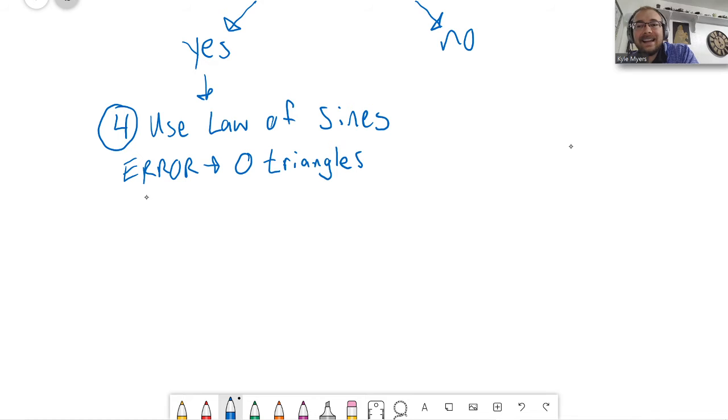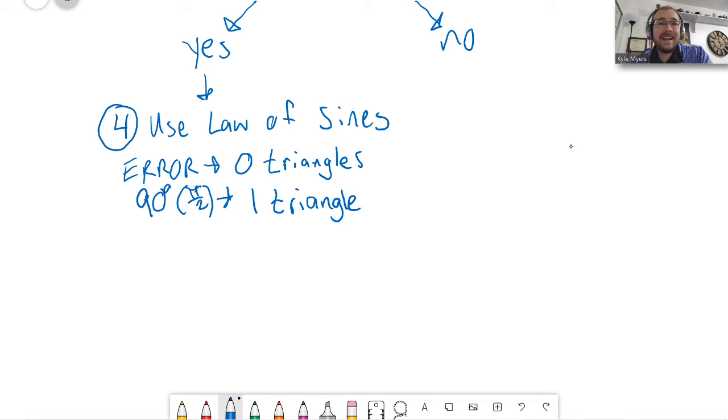If I get 90 degrees exactly, or pi over 2 if you're in radians, then I have exactly 1 triangle possible. If I get an acute angle, though, so if I get an answer that's between 0 and 90, not including 0 or 90, obviously, if you include 90, it would be a right angle, it gives you 1 triangle.